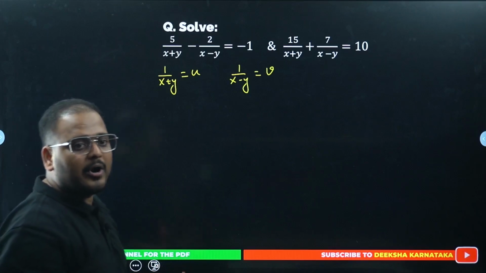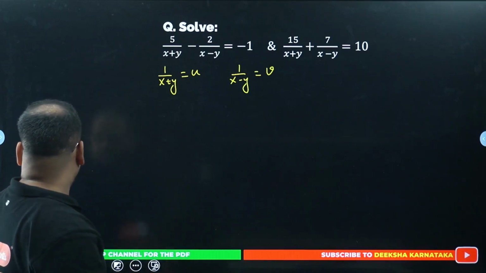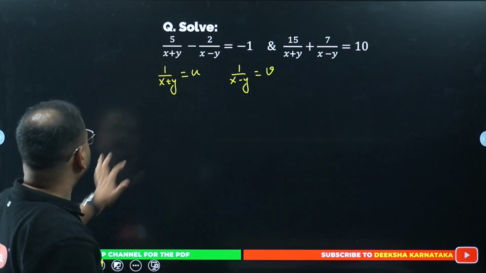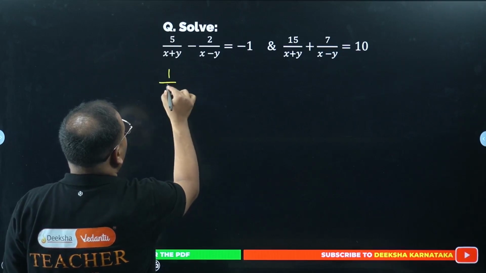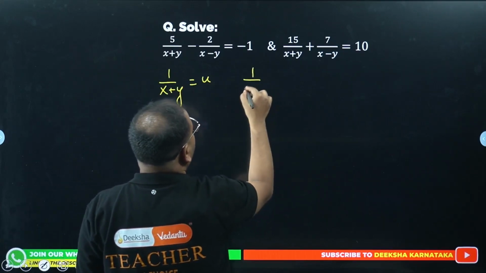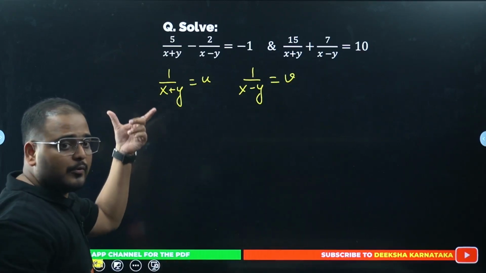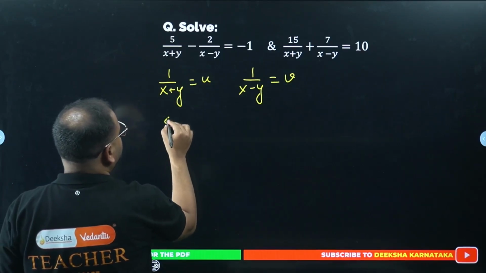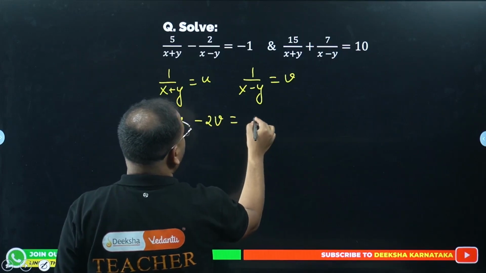Simple. It's looking a little small, so I'll write again: 1 upon x plus y equal to u and 1 upon x minus y equal to v. Now transform all the equations. This will be 5u minus 2v equals minus 1.